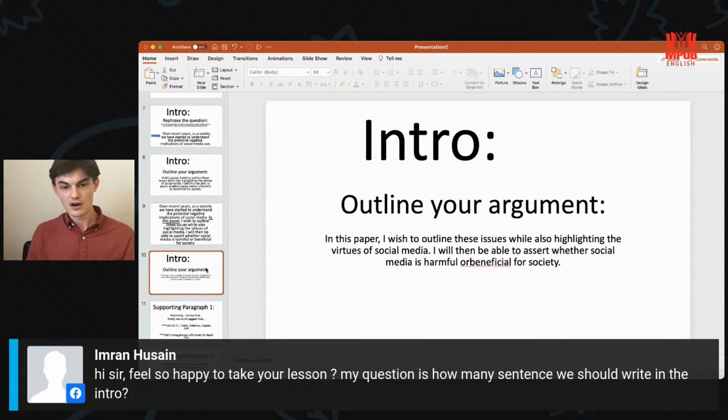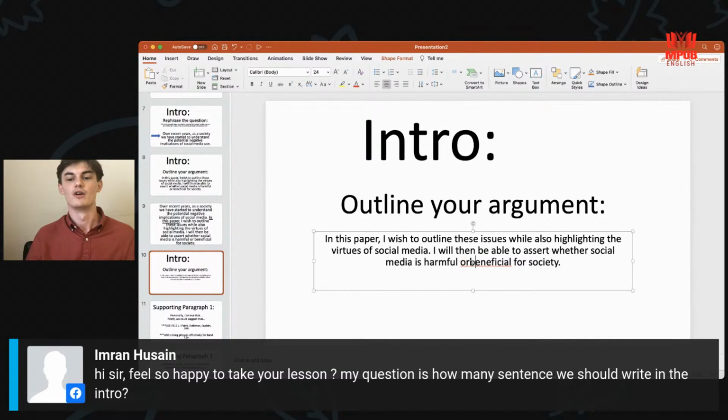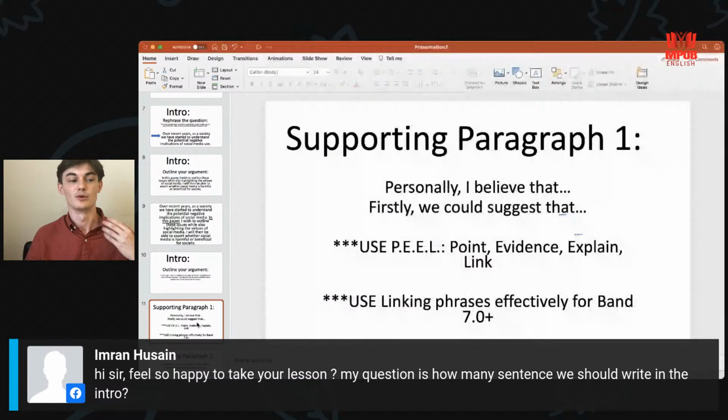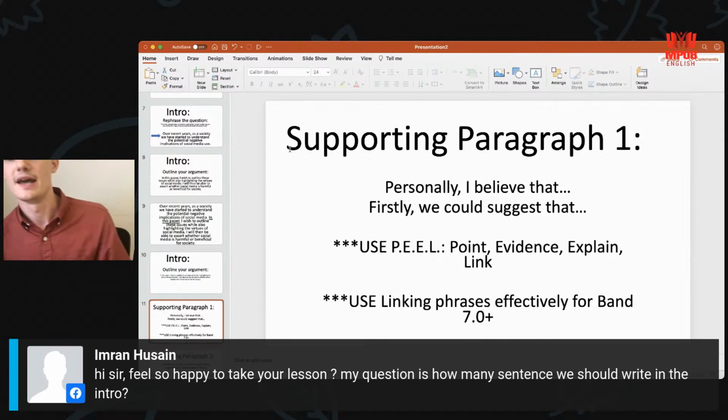So we've outlined our argument. We've already done this. We've given some ways in which our argument can progress throughout our essay. And here is how we might do the next paragraph. We could start off with some linking words, to link our ideas together.